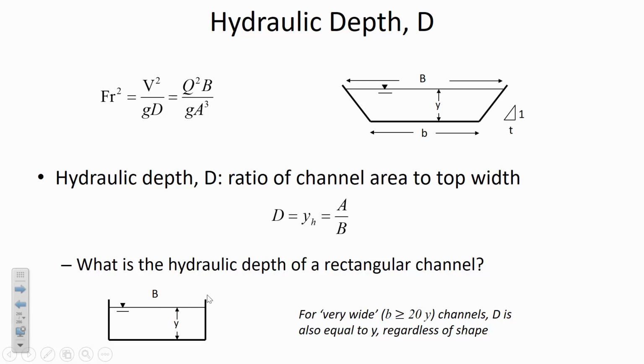So if you have a channel that is trapezoidal, but it's more than 20 times wider than it is deep, then the effect of these side areas becomes insignificant, and so the hydraulic depth of a very wide channel is just its flow depth. But for any channel that isn't rectangular or very wide, then you can calculate the hydraulic depth that you'd need for this Froude number equation by the area divided by the top width.